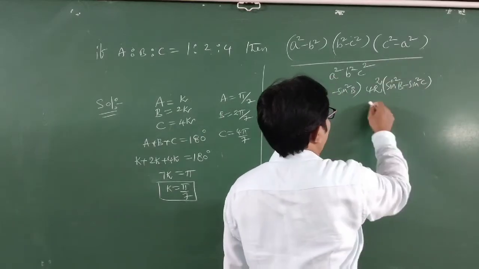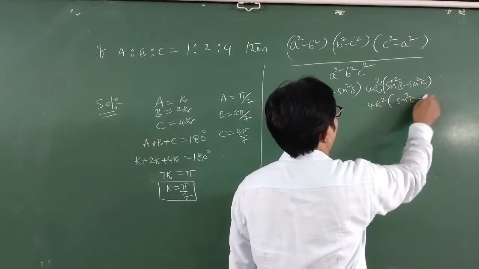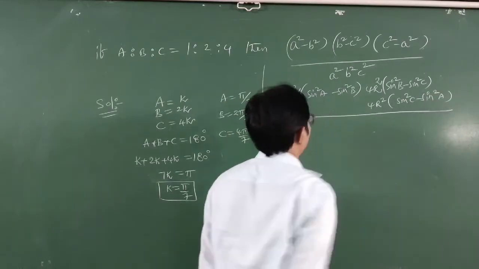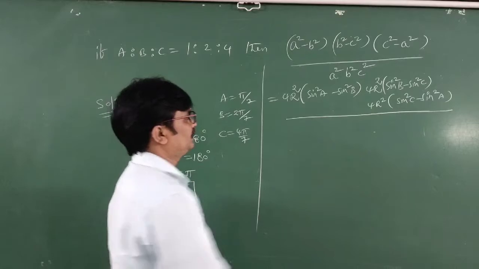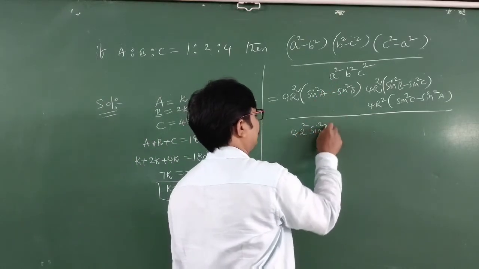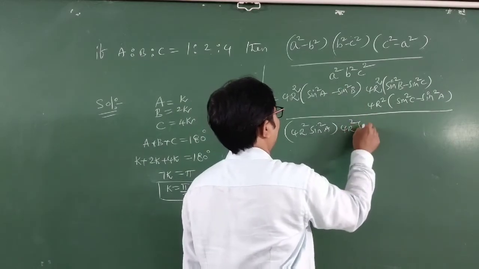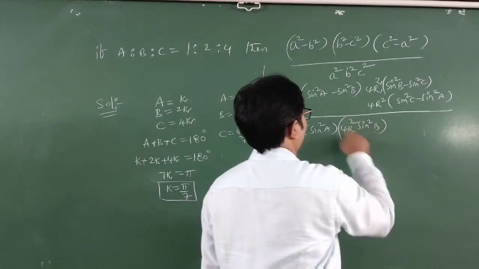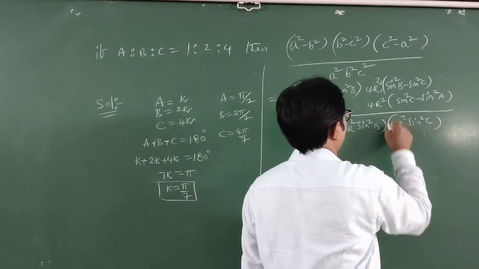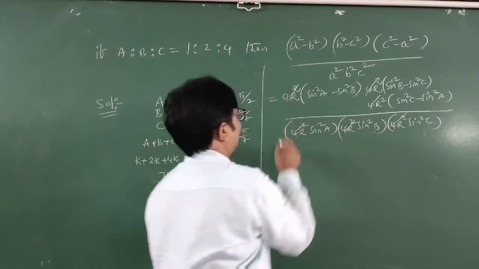Now students, this is 4R² into (sin² C minus sin² A) upon 4R² sin² A, 4R² sin² B, 4R² sin² C. 4R² is the common, cancel students.